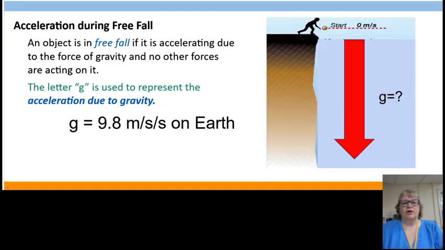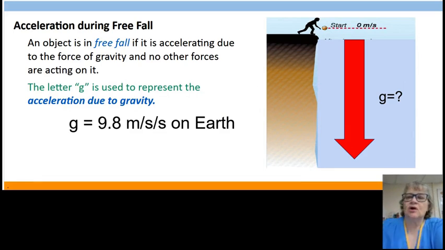Okay, so acceleration during free fall. An object is in free fall if it is accelerating due to the force of gravity and no other forces are acting on it. Okay, so if you have a ball that you're just letting go from the top of a cliff, gravity's going to grab that ball and pull it down.